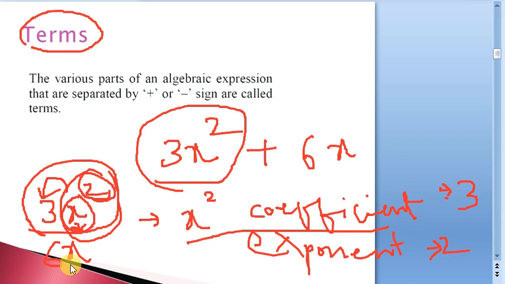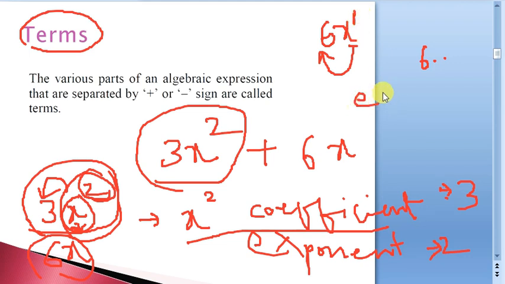We shall do the same thing for 6x also. Here we have 6x. What is the variable involved here? x only. For this x, what is the numeral presiding over it? 6. So 6 is the coefficient of x. And for this x, whatever is there in the power, it is 1.